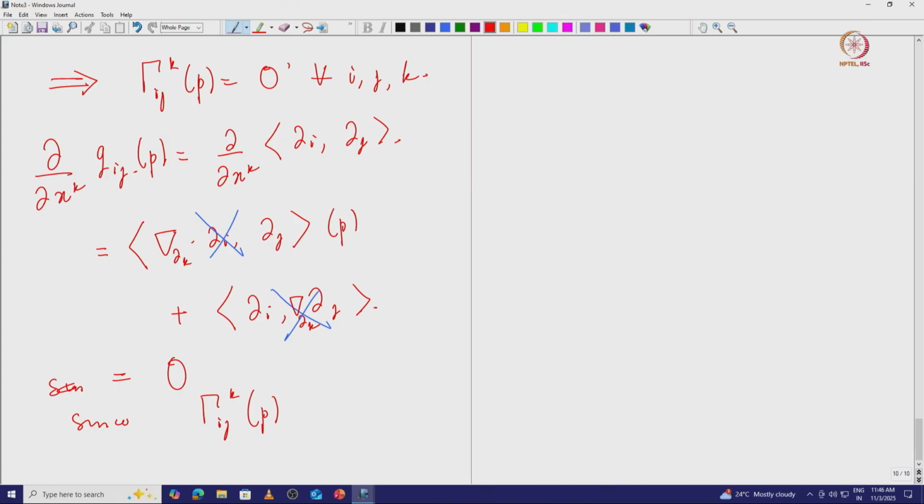So, this is of course at p. Okay. So, this shows that the derivatives of the metric components also all vanish.